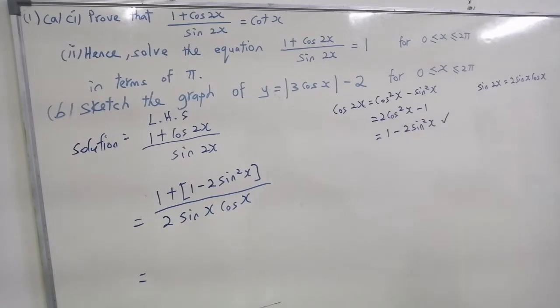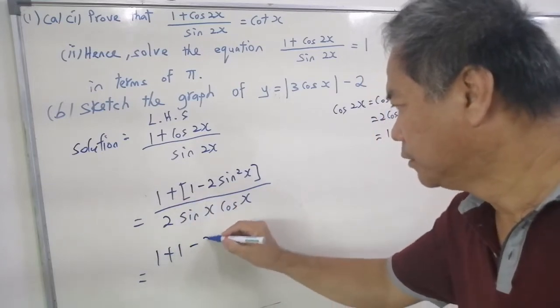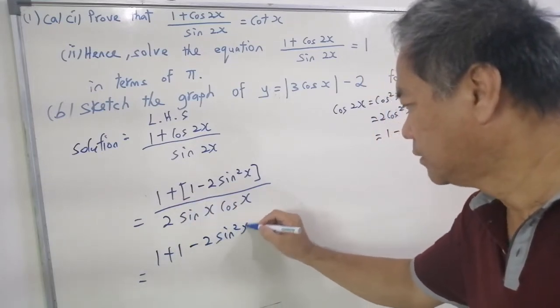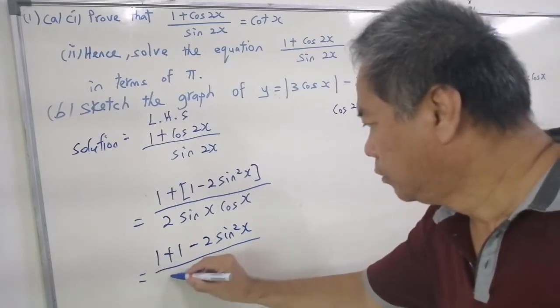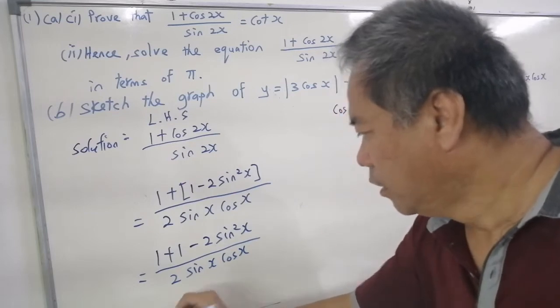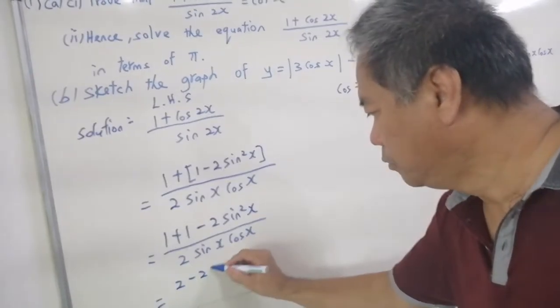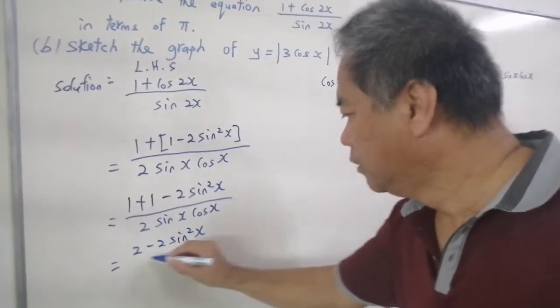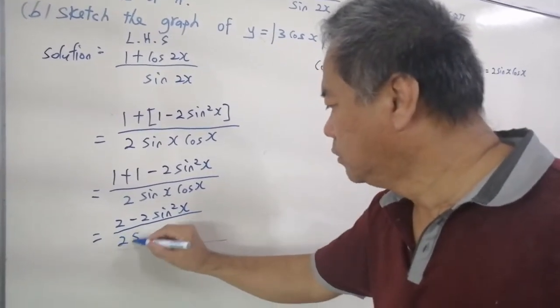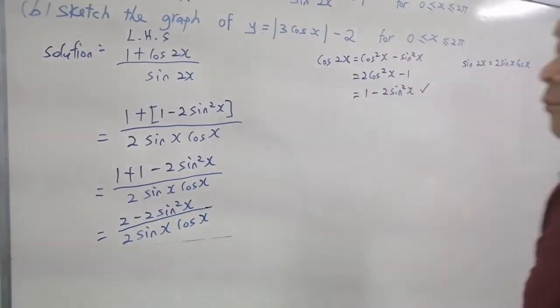Now you need to further simplify it. 1 plus 1 minus 2 sin square x over 2 sin x cos x. 1 plus 1 equals 2, so 2 minus 2 sin square x over 2 sin x cos x.